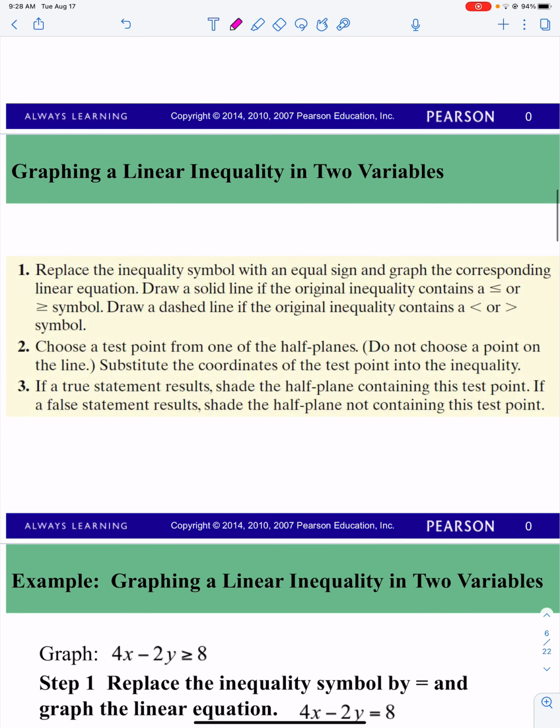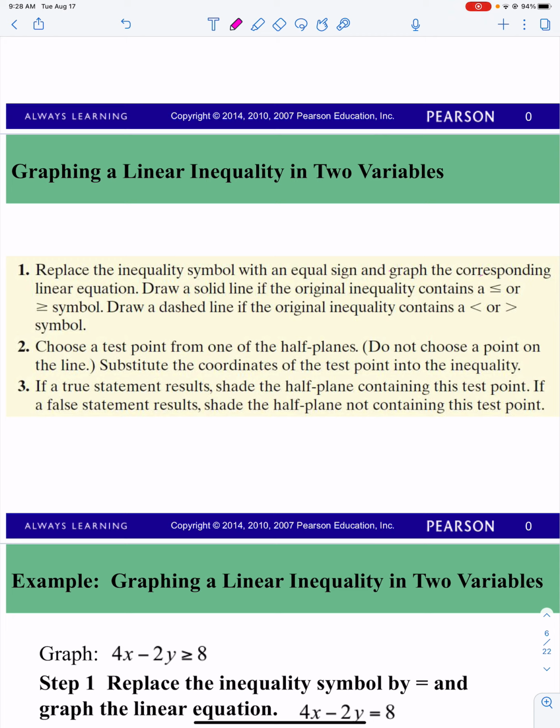So how could we graph a linear inequality? First, we replace the inequality with an equal sign and graph that equation. This means graph the line first.